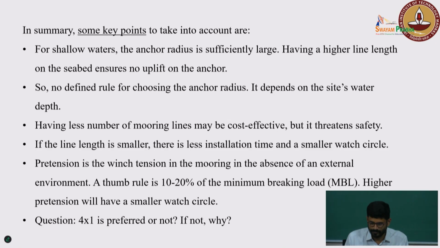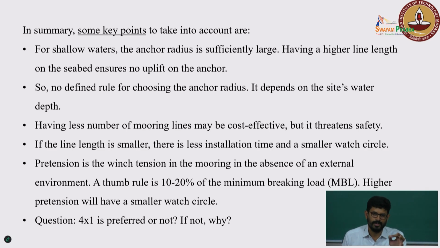For example, if there is a villain, you don't put a single rope; 4 or 5 ropes are connected, the reason being you want to ensure that he stays there, the same way. So having fewer lines may be cost effective, but it threatens the safety. If the line length is smaller, there is less installation time, in the case of your taut mooring condition. When we say taut mooring, there is no line length on the seabed.